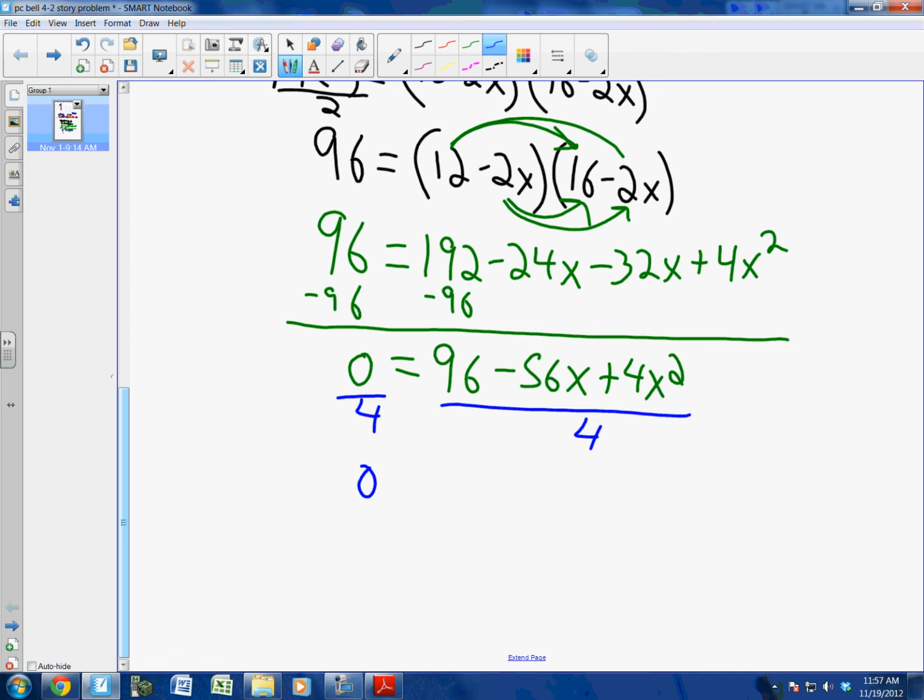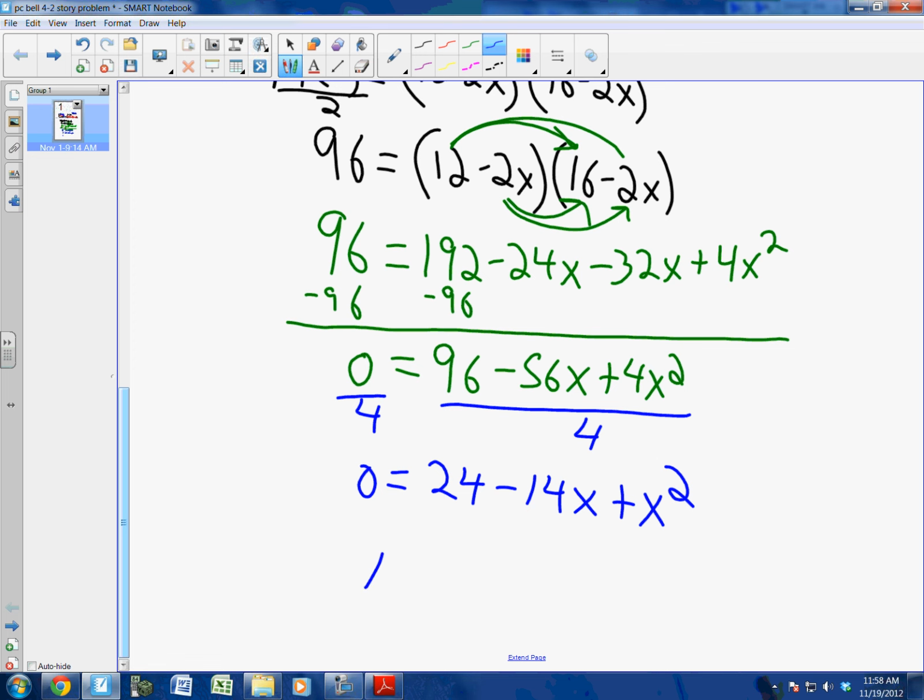And so that's going to make 0 equals, what's 96 divided by 4? 24. What's 56 divided by 4? 14. So minus 14x plus x squared. That actually makes it, we could check to see if it's factorable now, can't we? Or you can do it by graphing.